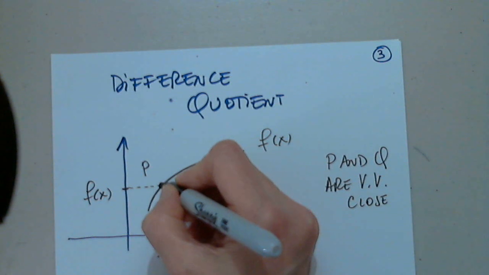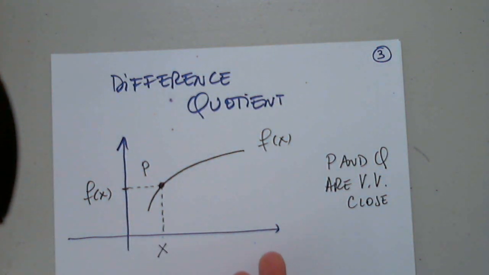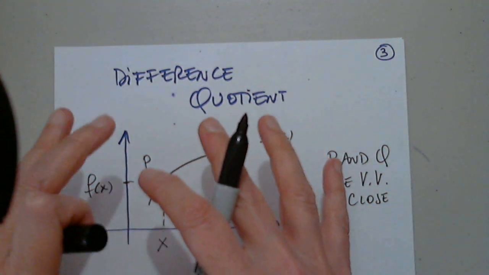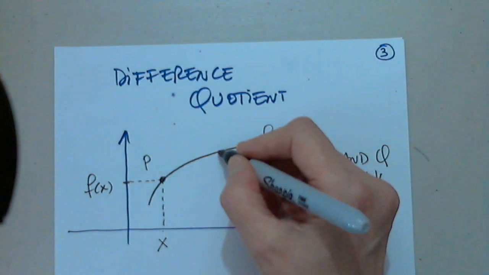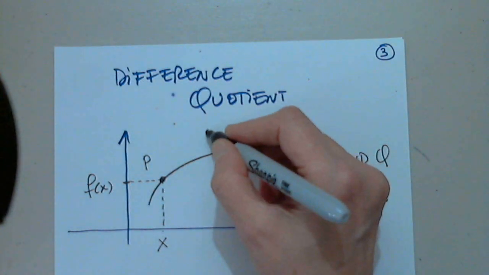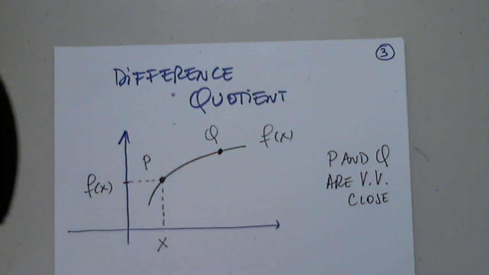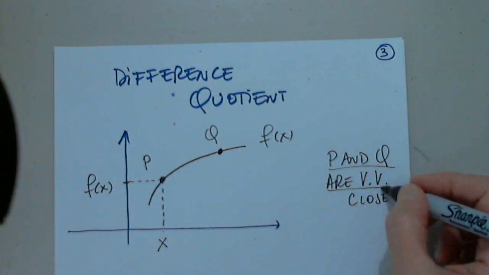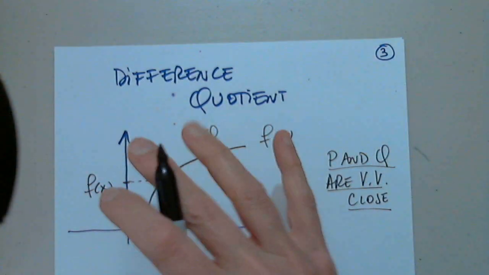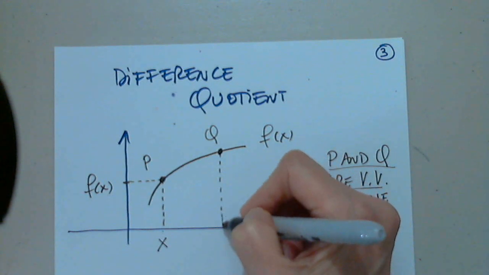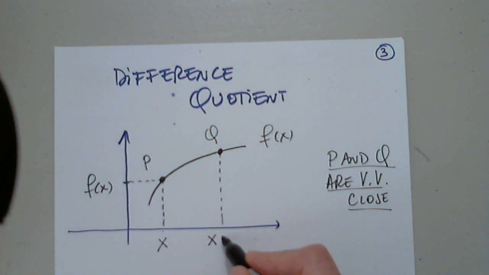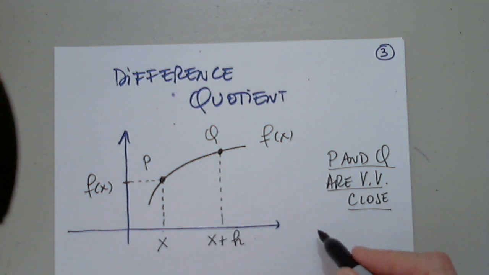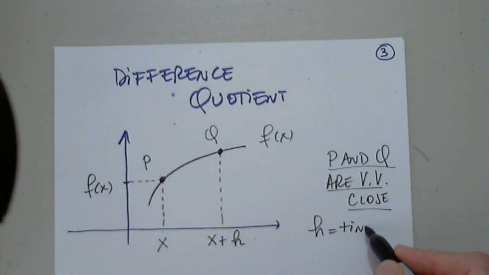But if I put Q here, no one will understand what I'm doing. So imagine that I'm zooming in tremendously, and here's Q. But P and Q are very close. But I zoomed in, and the x-coordinate of Q is x plus a little bit. h is tiny.